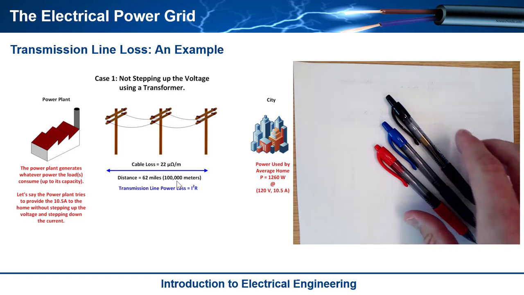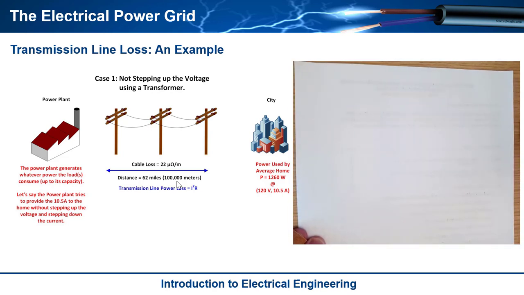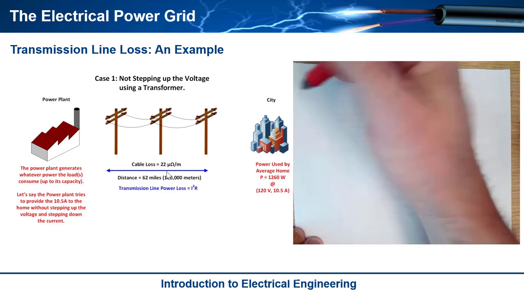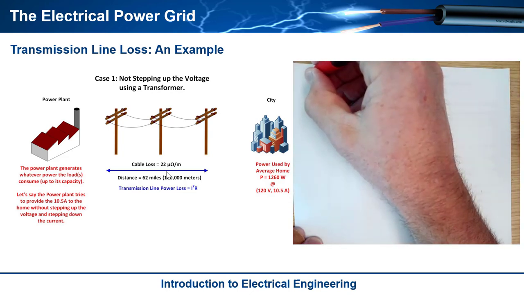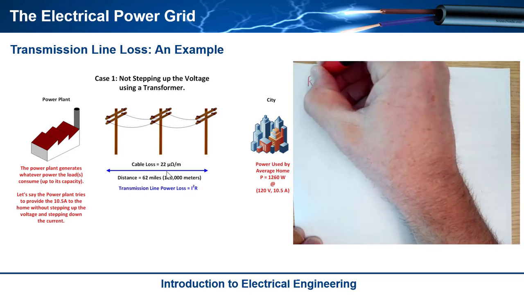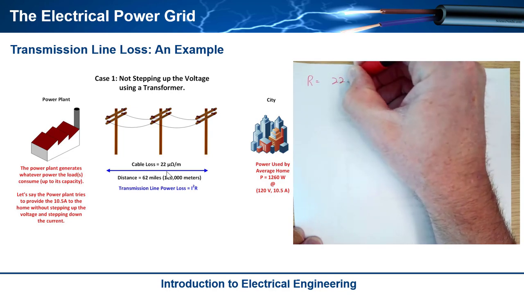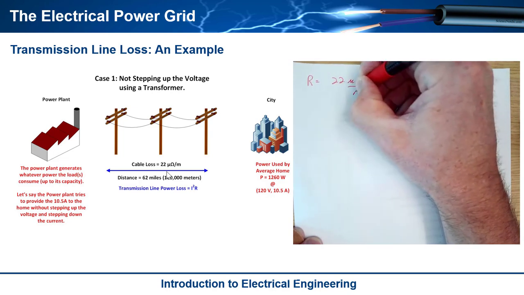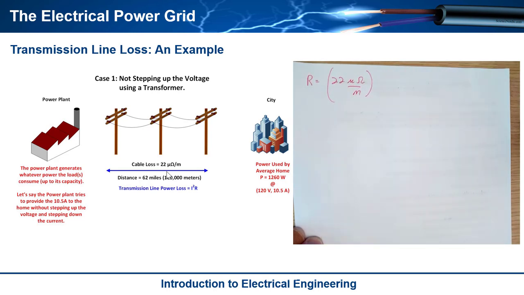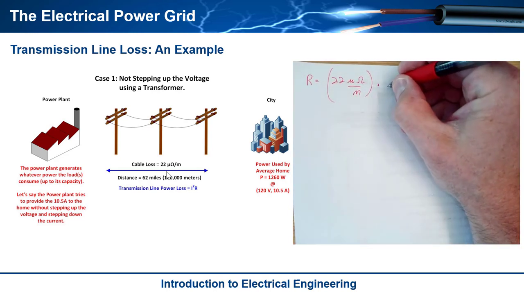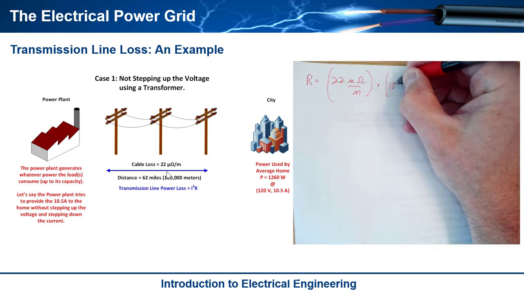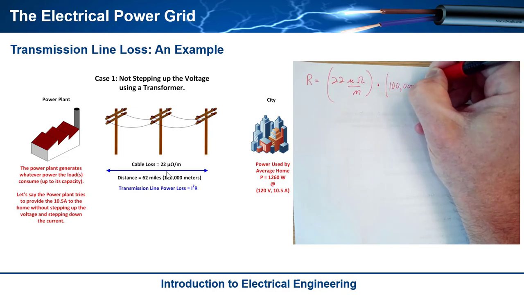Let's calculate what our total resistance would be in the transmission line, and then look at how much loss we have due to that 10.5 amps going through those resistors. The resistance is found by multiplying 22 microohms per meter, which is a specification of the cable, by 100,000 meters.